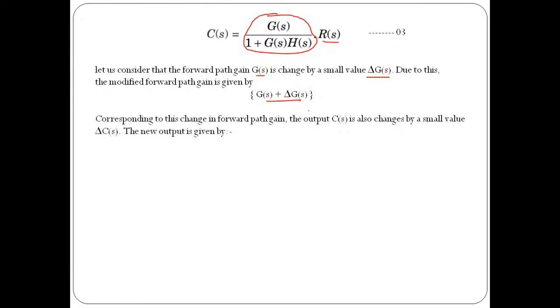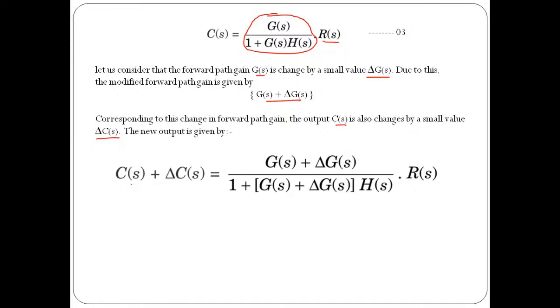Corresponding to this, there will be a change in the output by a small value, delta C(s). Now let us calculate the new output of the system. It will be the old output plus the change in output, equal to input times the new gain. Wherever we have G(s), we replace it by the new gain, G(s) plus delta G(s).